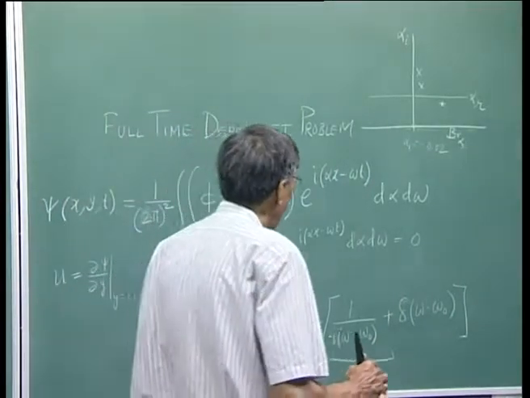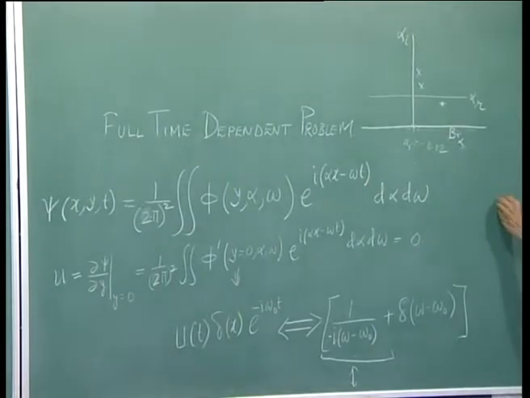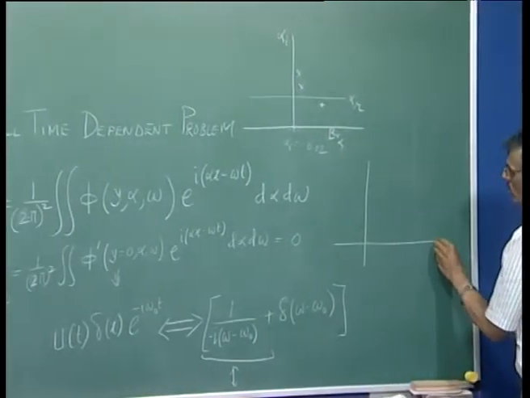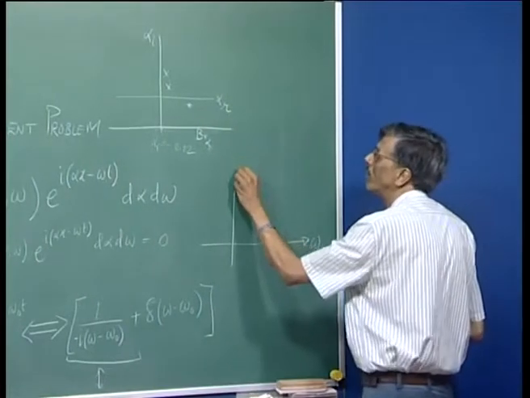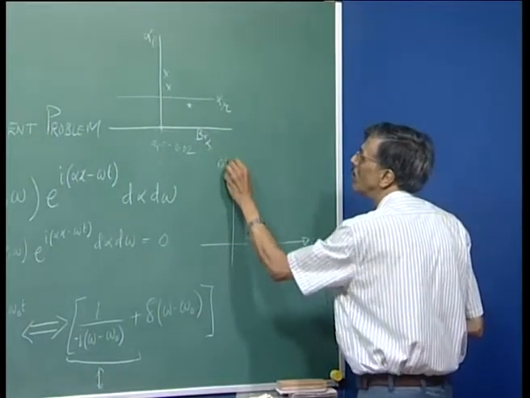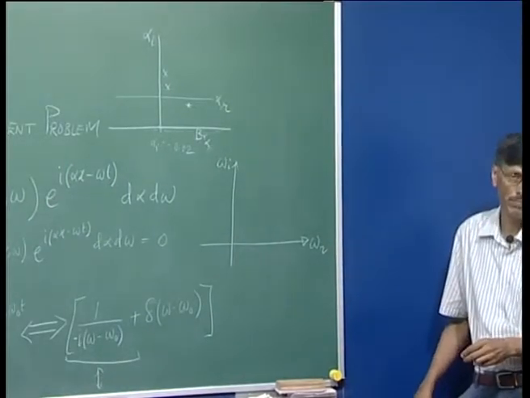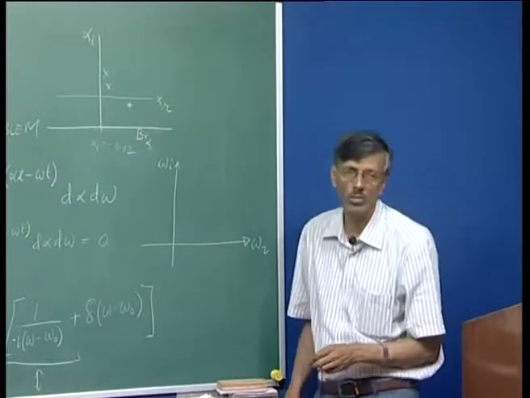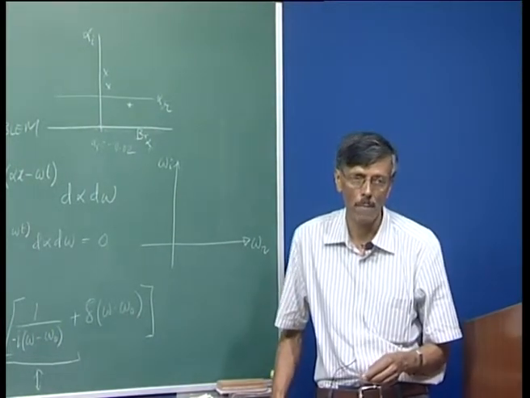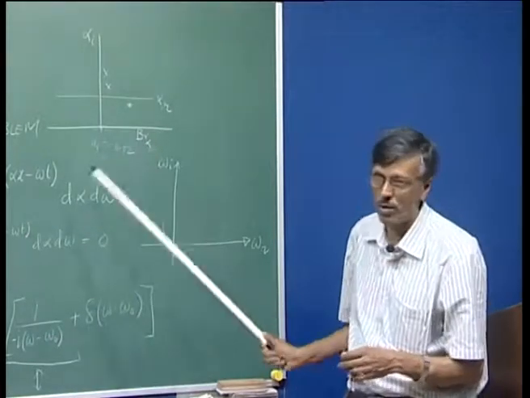So, in the signal problem, we were happy with Br alpha alone. Now, in the full problem, we also need to worry about the omega plane. How do you find that omega? Now, where would we position the Bromwich contour in the omega plane? Think of what we just now talked about.